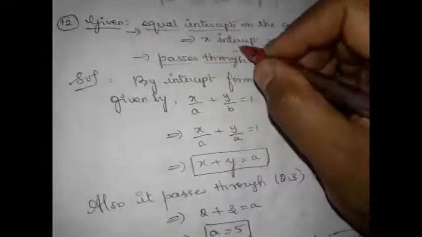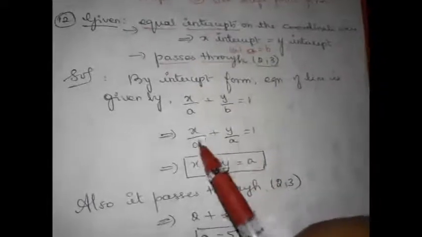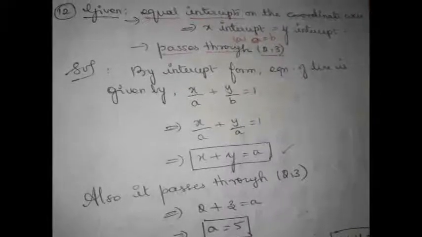X-intercept equals y-intercept, that is A equals B. So x/A + y/B = 1. This is our intercept form. In that we are going to replace B by A. So if we take LCM, x + y = A. This is our required equation of the line, right?